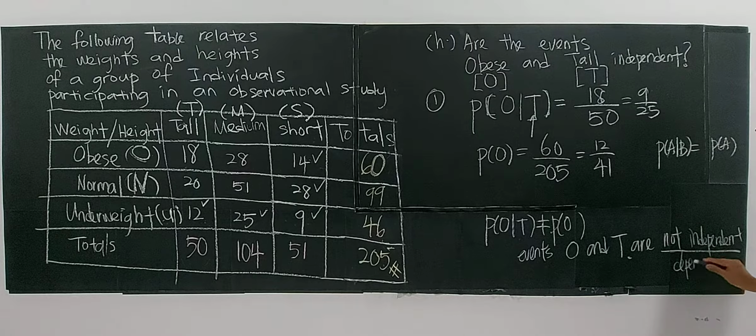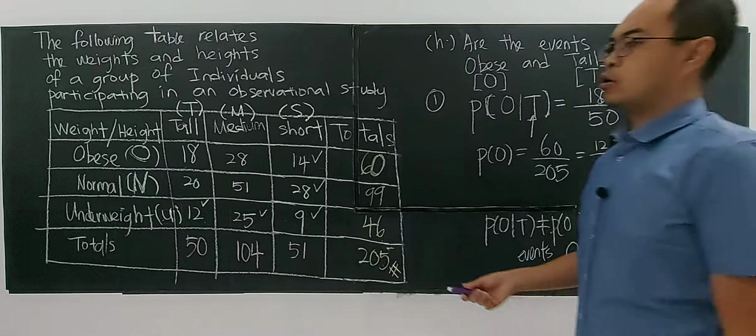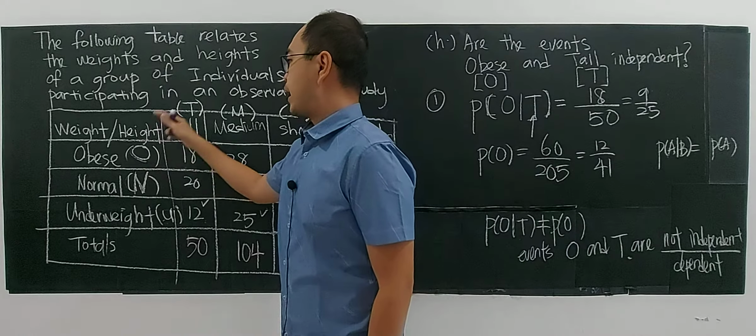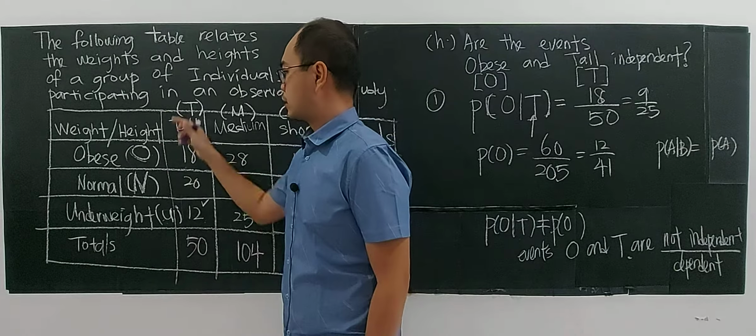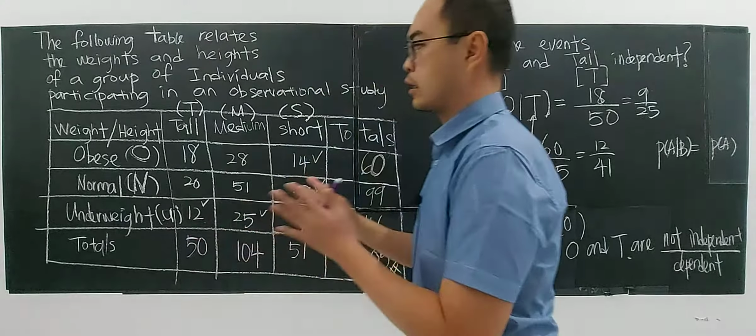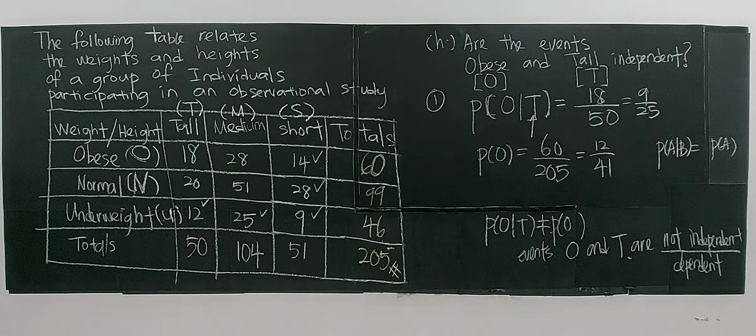They depend on each other. It means that obese can depend on the category of tall, and tall can also depend on the obese category.